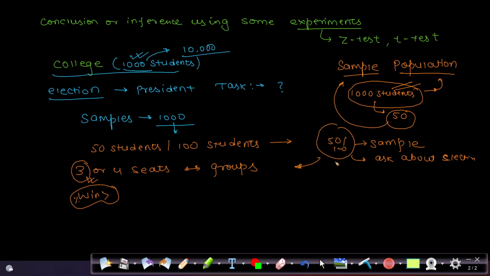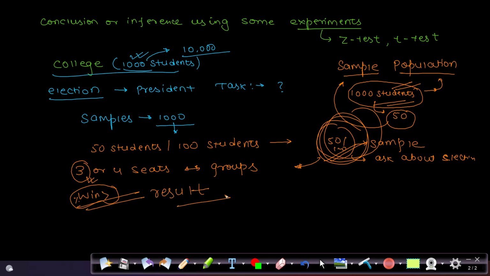Inferential statistics is taking a sample from the total population, performing some operations on the sample data, and coming up with the final result.